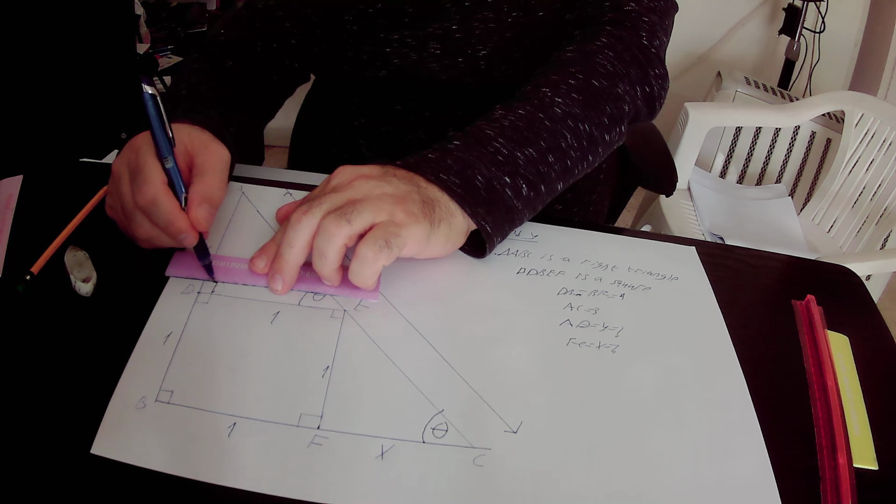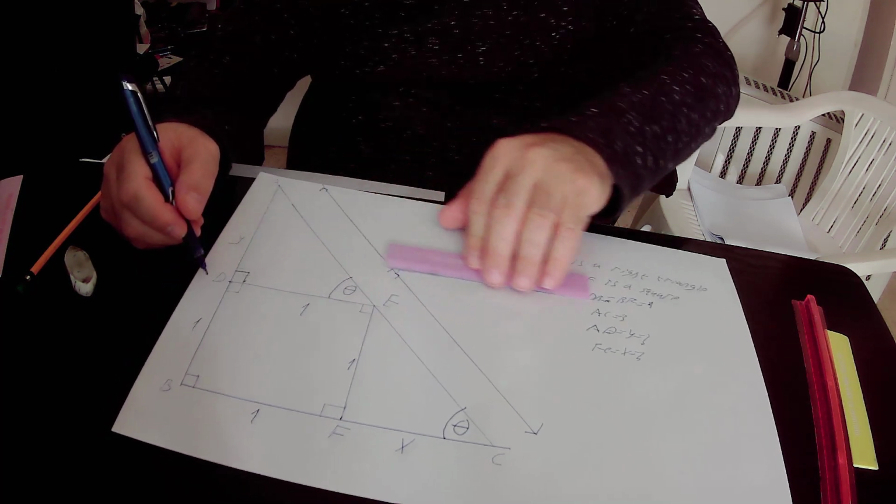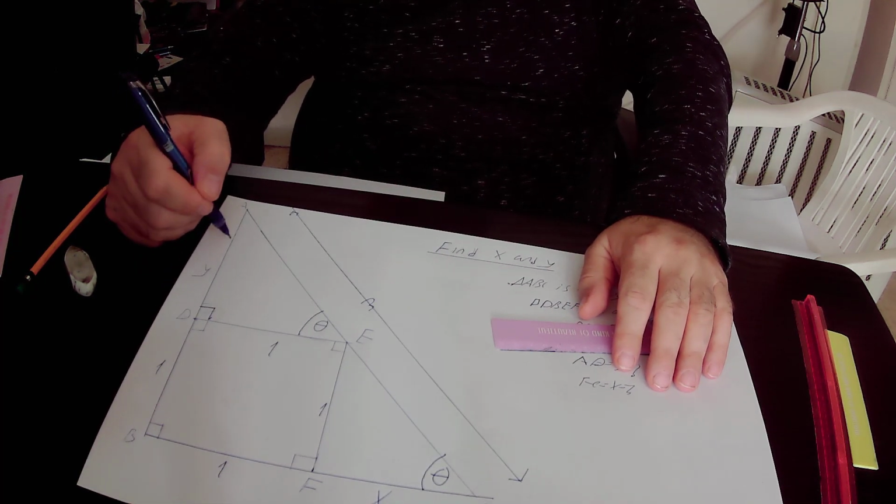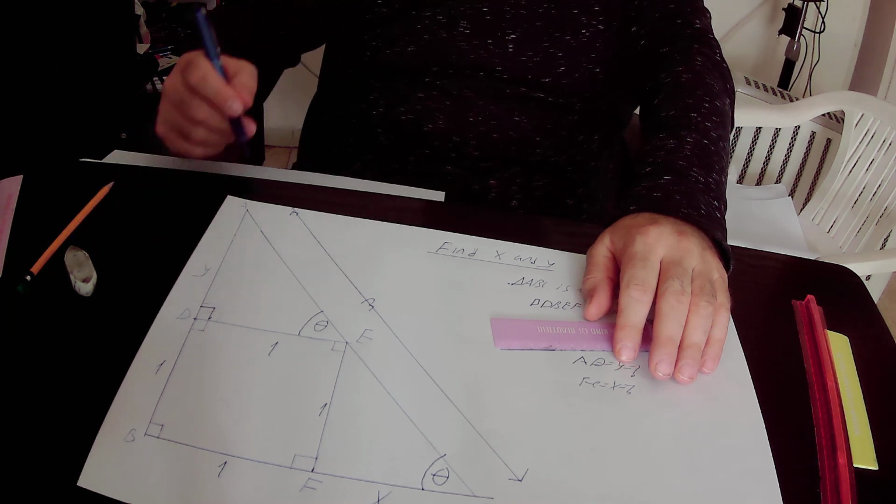Because angle ADE is a right angle, triangle ADE is a right triangle.